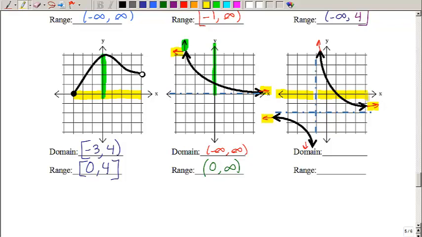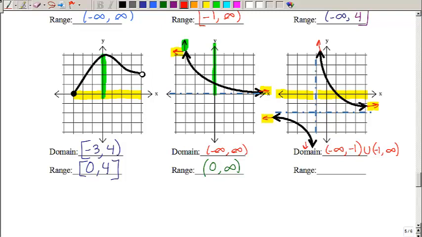The definition of an asymptote says my graph gets infinitely close to it, but does not cross it. My domain would be -infinity all the way up until -1, not including -1, union all the values from -1 to infinity. This means all real numbers except -1.